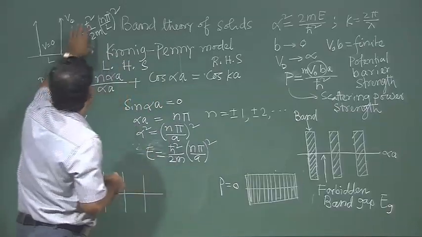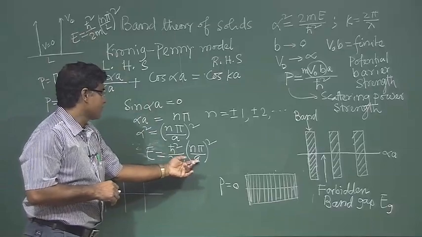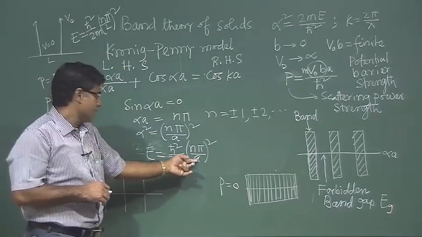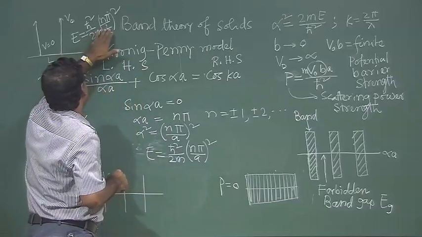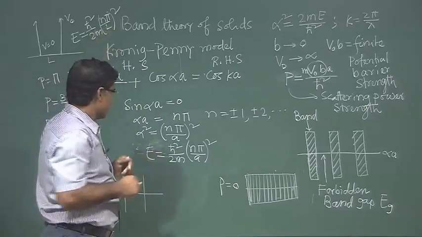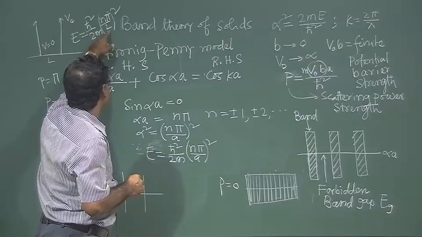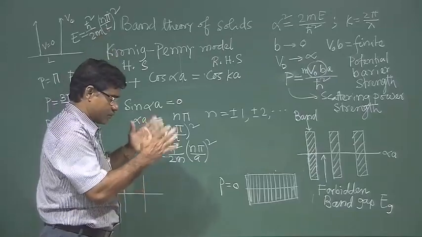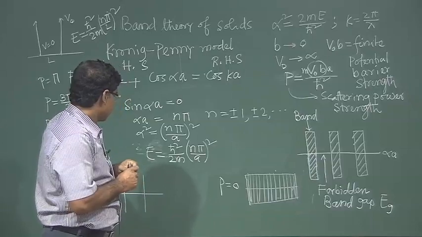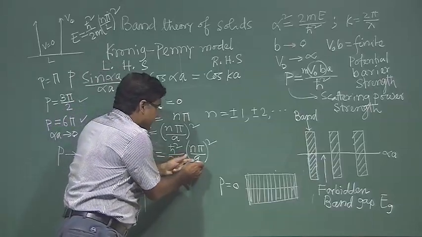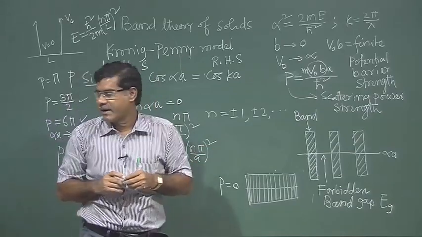So, we got the same solution, with the periodicity a here, the lattice periodicity, and an arbitrary L there, which was the length of our potential well. So, periodic potential in lattice.